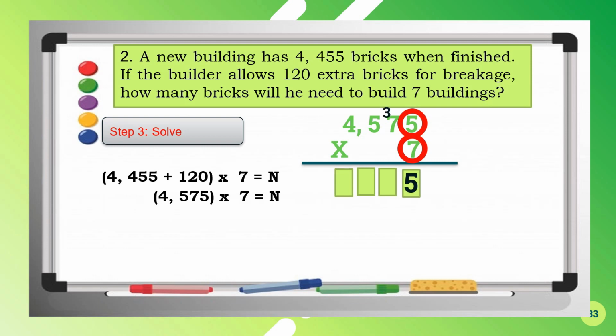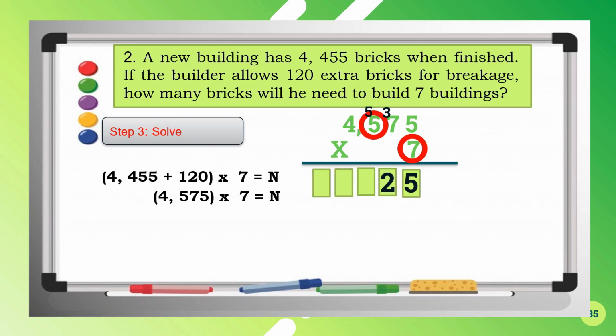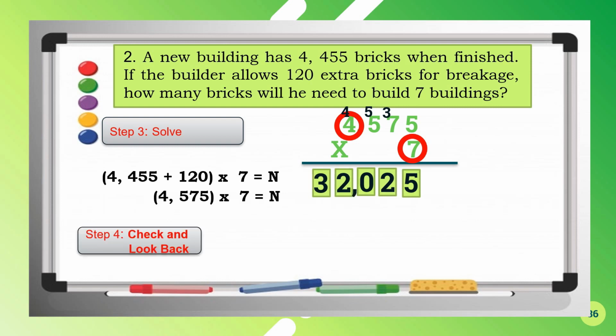Write 5 in the product, then carry 3. 7 times 7 is 49 plus 3 is 52. Write 2 in the product, then carry 5. 7 times 5 is 35 plus 5, the one that we carry, is 40. Write 0 on the product, then carry 4. Then 7 times 4 is 28 plus 4 is 32.